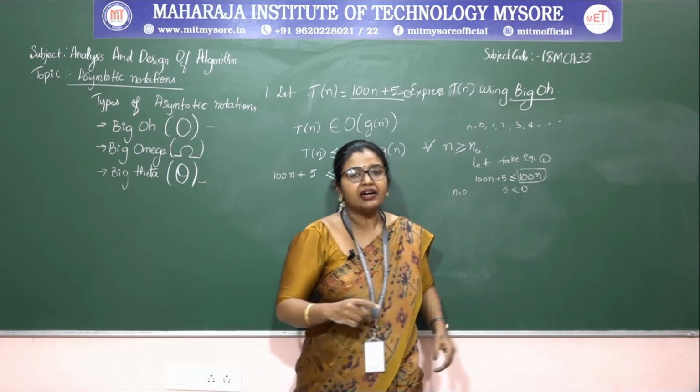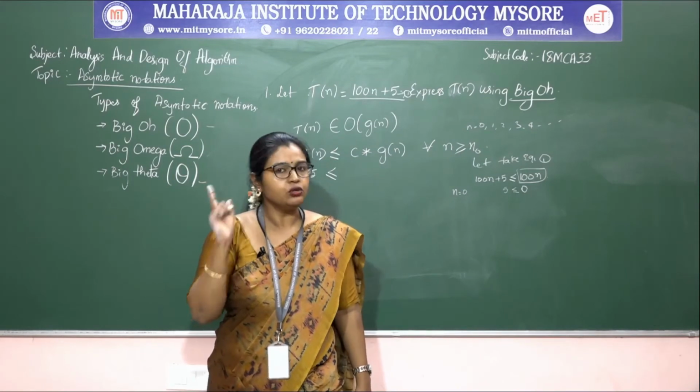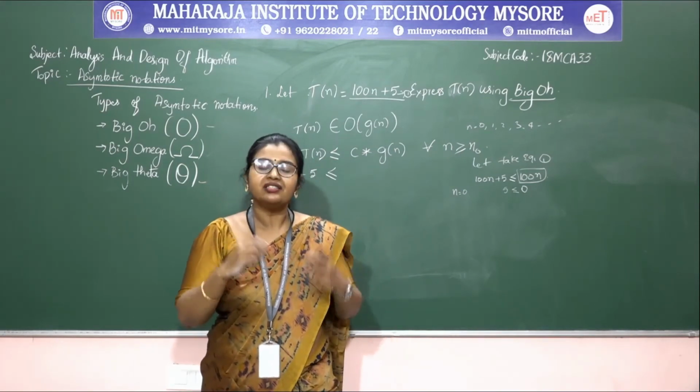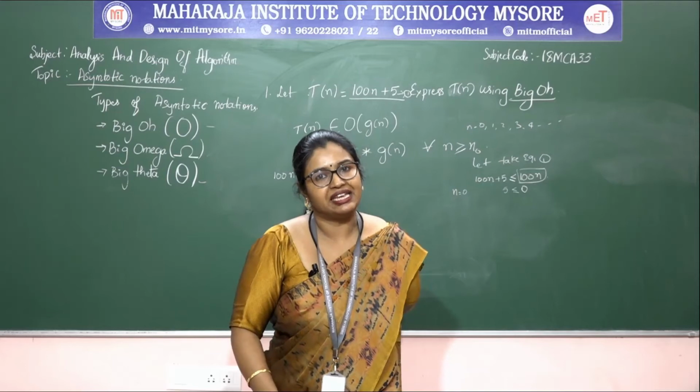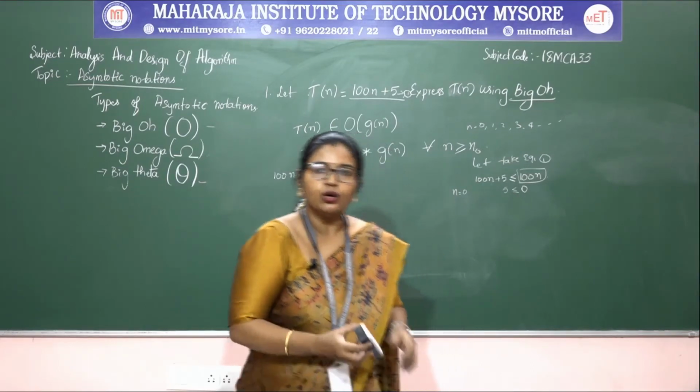So 100n is not our C into g of n. Therefore we need to calculate what C into g of n is.